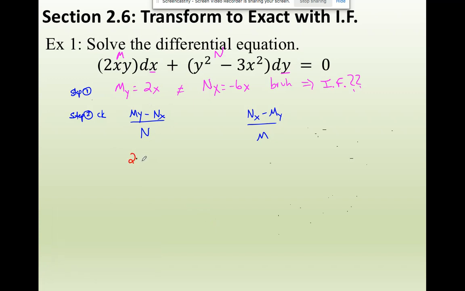So I got 2x minus negative 6x all over N. So that's 8x on top. I don't think so. I don't see any way to eliminate that y. I don't see any algebra that's going to get me out of that y. All right, so that's out.